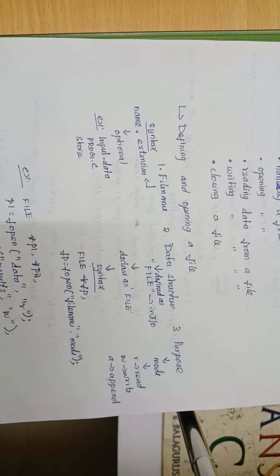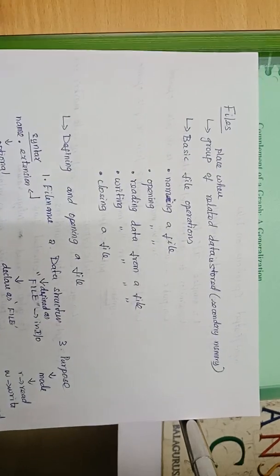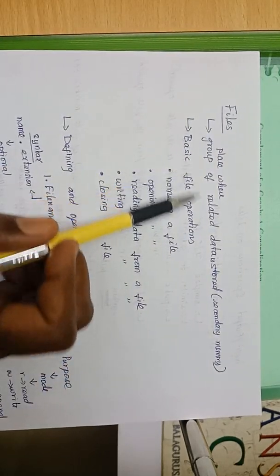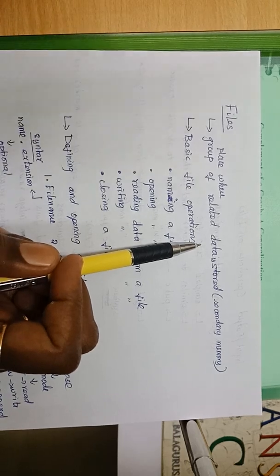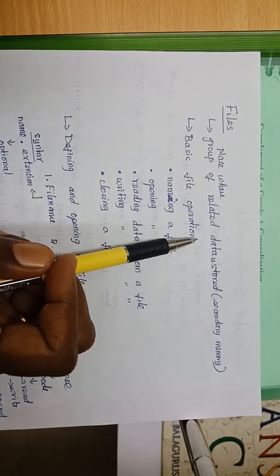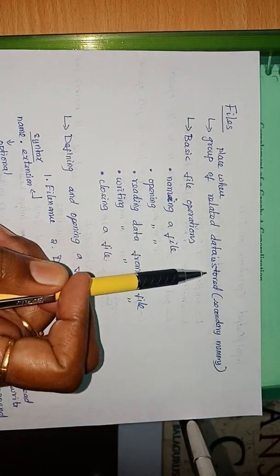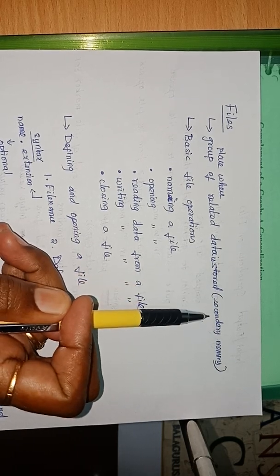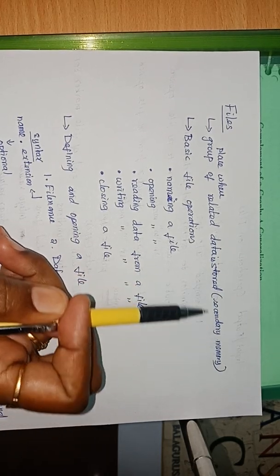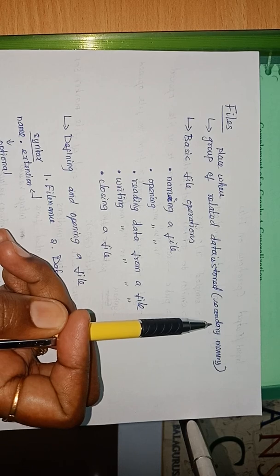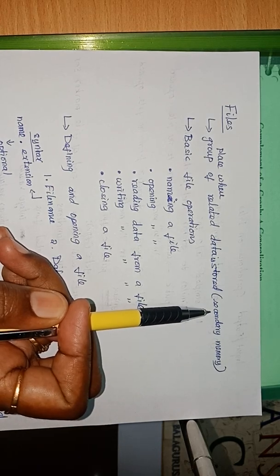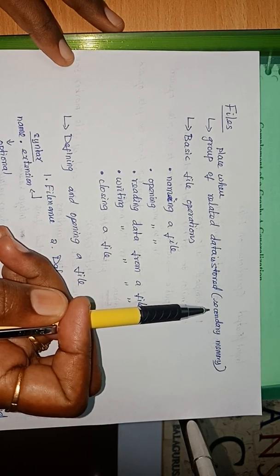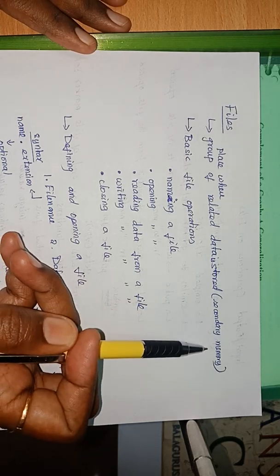Okay, let me move on to the content. A file is nothing but a group of related data, which is stored in secondary memory. What is the secondary memory? Hard disk, like that. I want to keep my data permanently in the memory, so I am keeping it in the secondary memory.